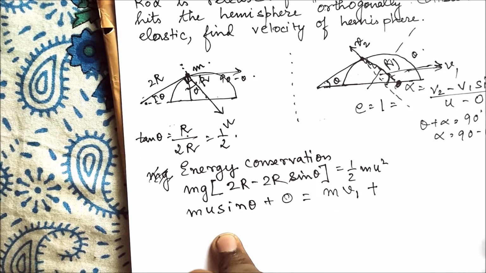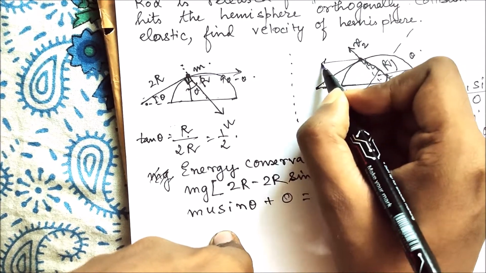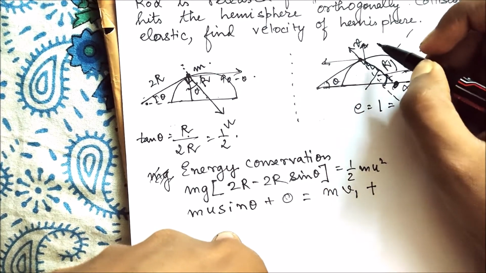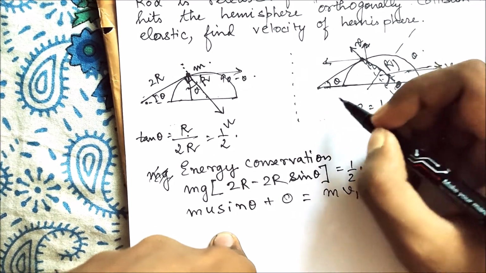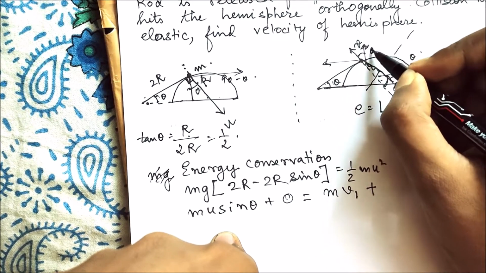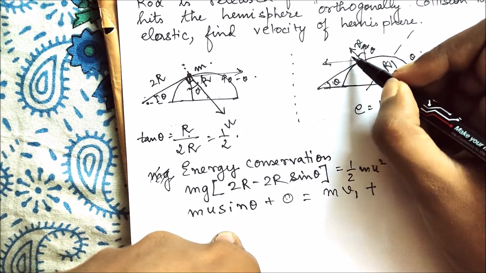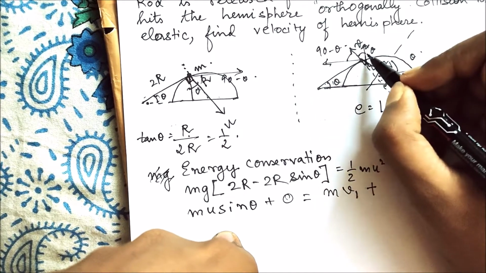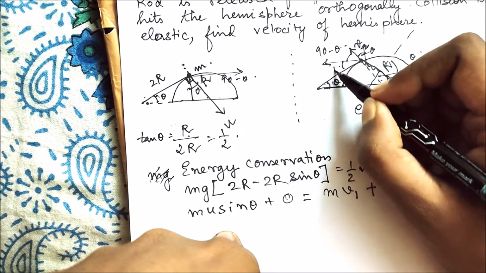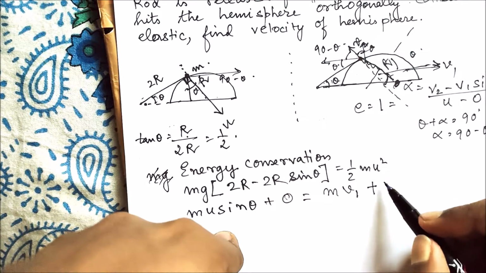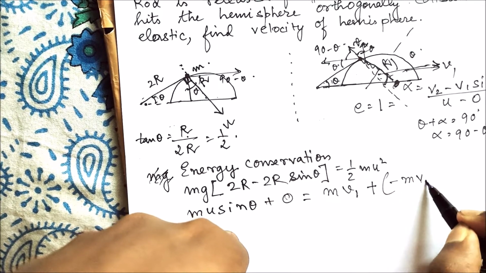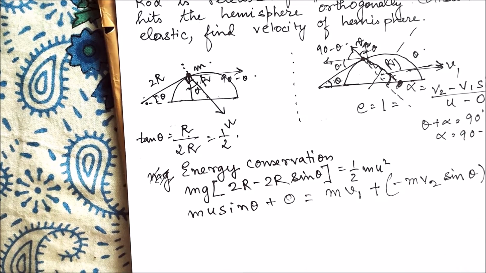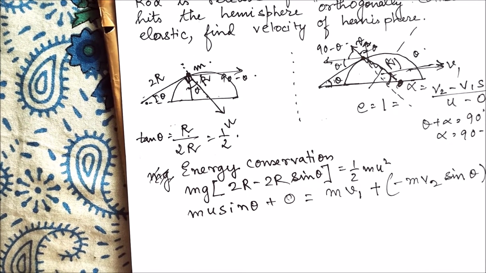We have to get this component of the velocity. This is theta, and this is 90 minus theta. So plus minus m v2 into sine theta. So we got three equations, three variables.